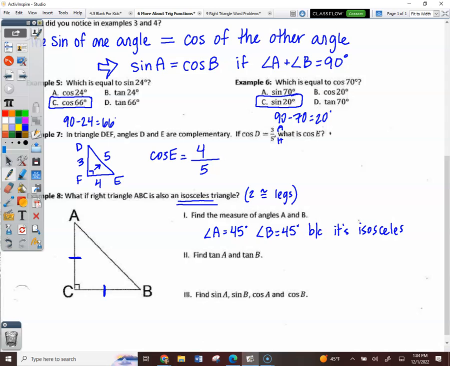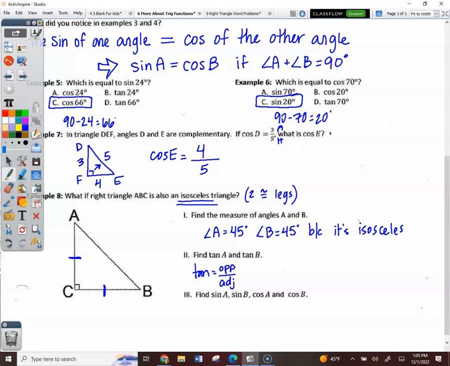Well, what's the formula for tan? Opposite over adjacent. Which means tan uses what part of the right triangle? The legs.